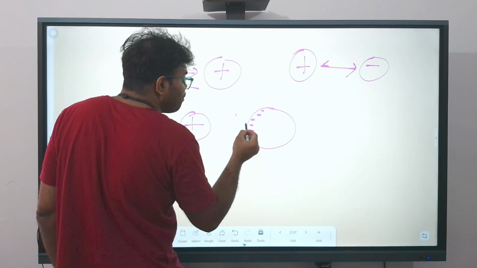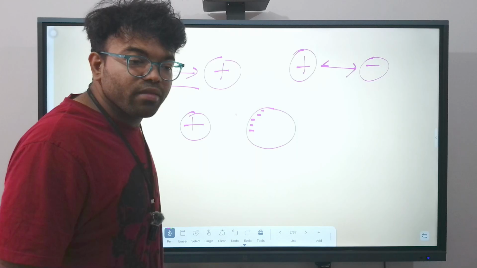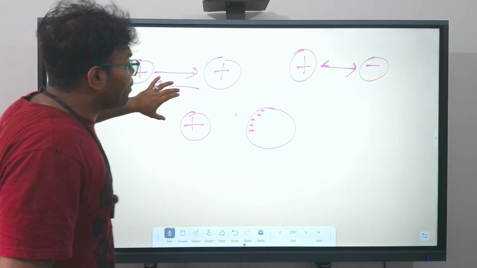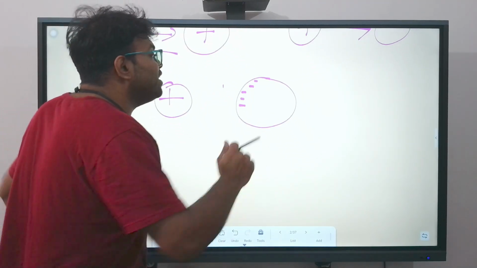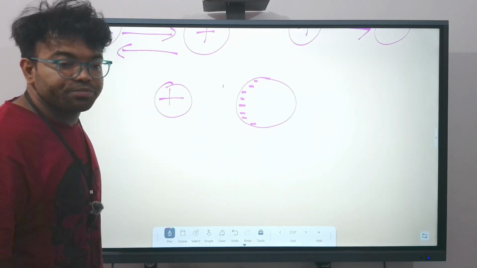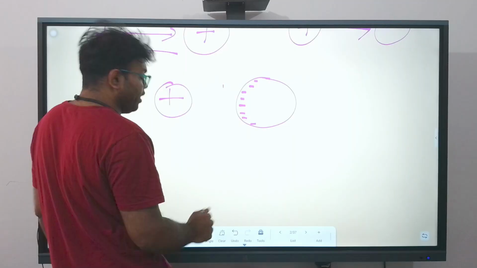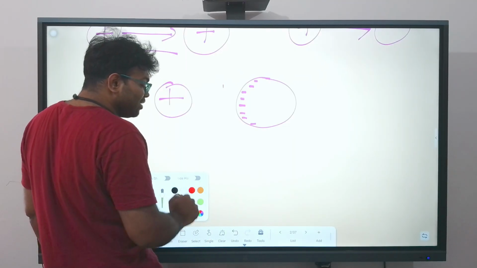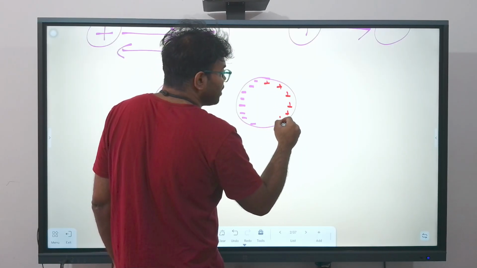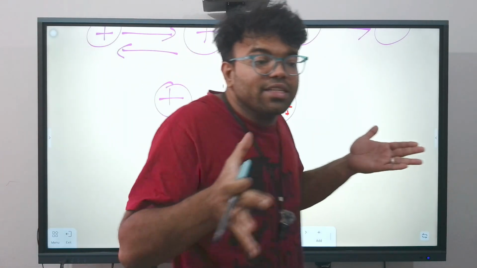There are electrons present on the surface of this object, and these electrons get attracted towards the positive charge. Because these electrons came from all over the body, there is a certain region in the object where there is a concentration of positive charge. So you are basically polarizing the object.